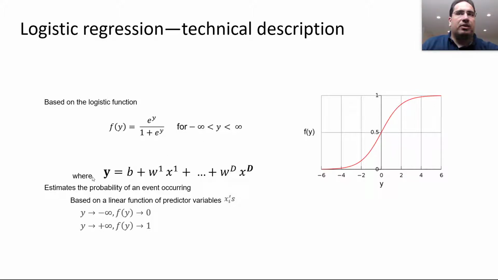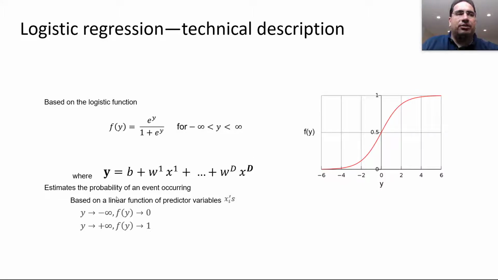One of the main differences compared to linear regression is that the expression from linear regression is given to the logistic function. The output of this function is between 0 and 1, so no matter what number you give it, you get an output between 0 and 1. It compresses the output and gives you a probability-like score.